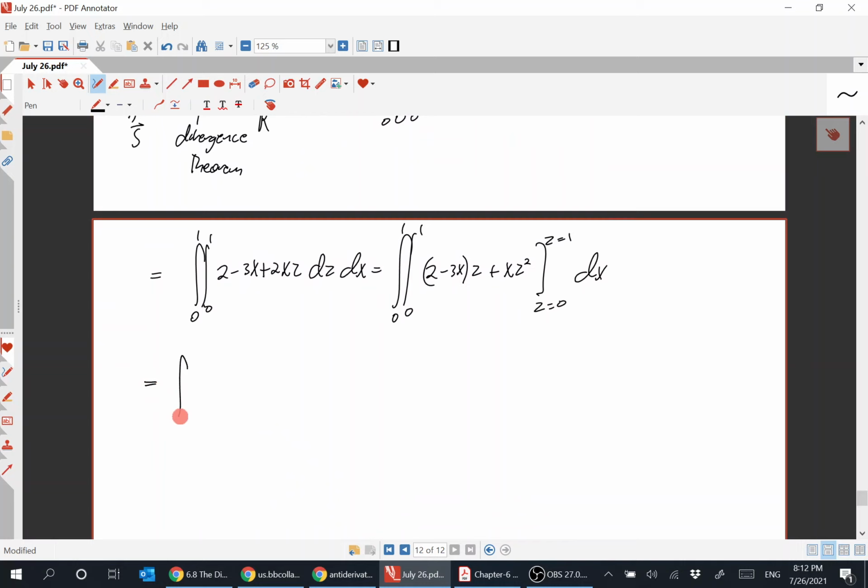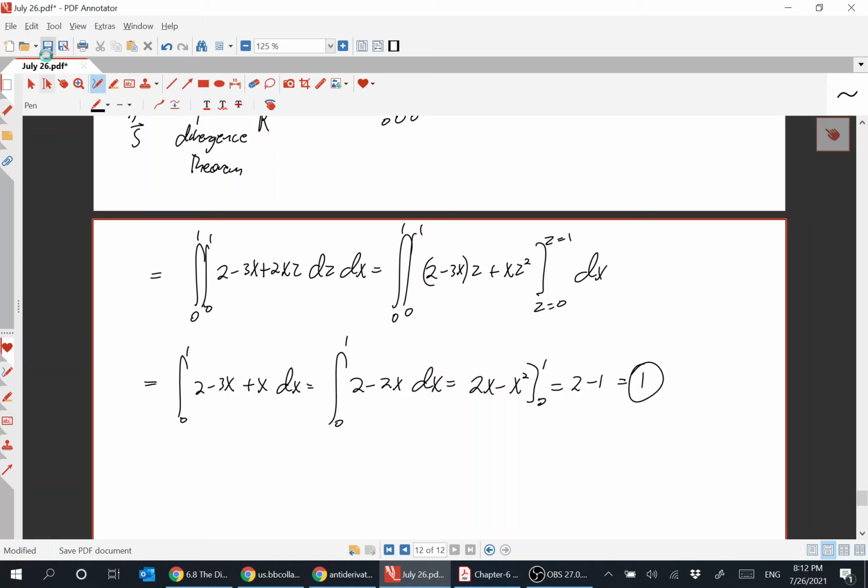So this becomes the integral from 0 to 1 of 2 minus 3x plus x dx. So the integral from 0 to 1 of 2 minus 2x. That's 2x minus x squared from 0 to 1. 2 minus 1 is 1.